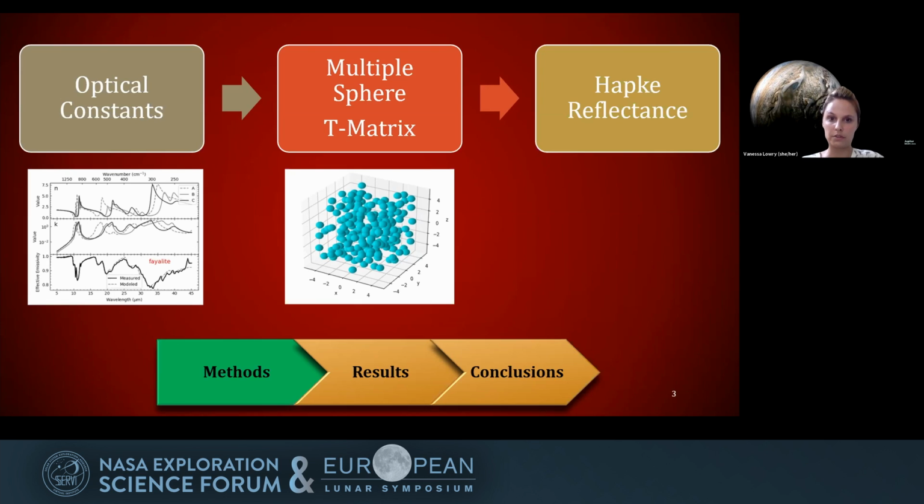So with T-matrix, you're able to specify your XYZ positions of your particles. This is a good thing because I can adjust the porosity to whatever porosity that I would like to model. This makes up the bulk rectangular target.